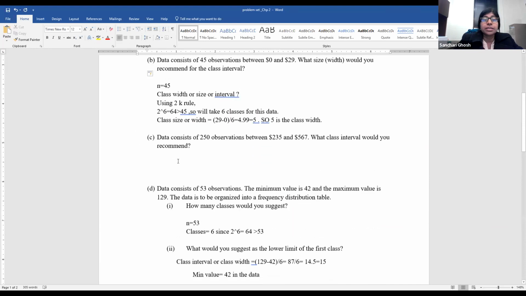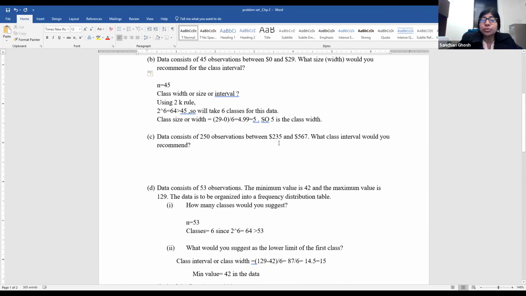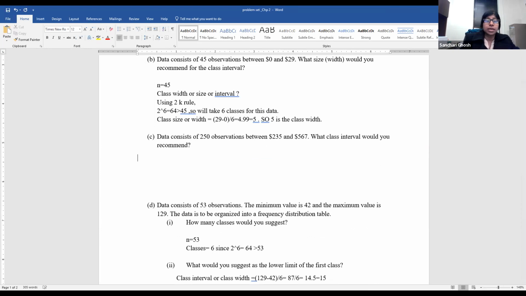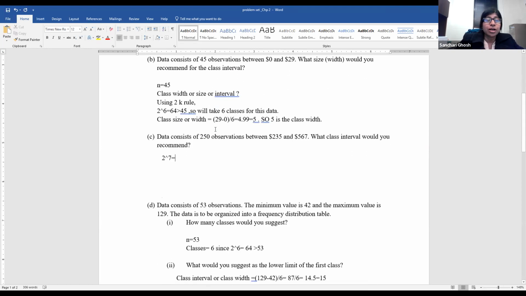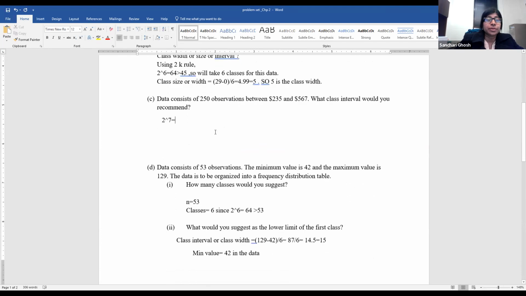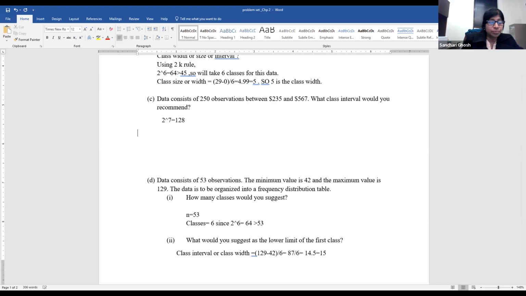Data consists of 250 observations between 235 and 567. What class interval would you recommend? So again, 250 observations. Oh, that's an odd number. 2 to the power 6 is 64, 2 to the power 7 is 128, and 2 to the power 8 equals 256.